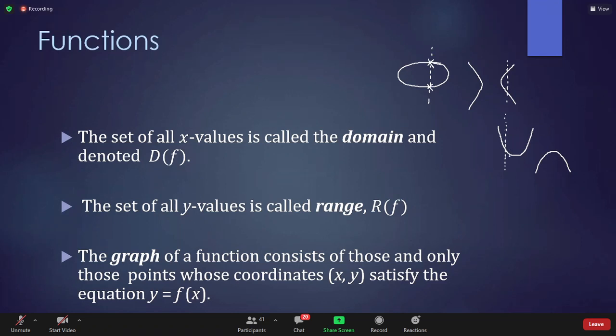However, if any vertical line intersects the curve at more than one point, then we see, oh no, that's not a function because that particular x value has two corresponding y values or even more, so that would not be a function.